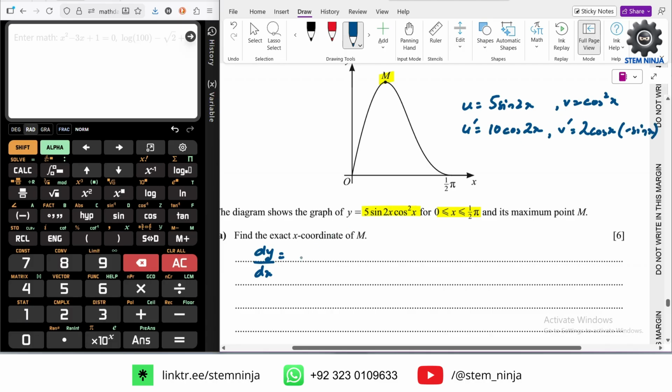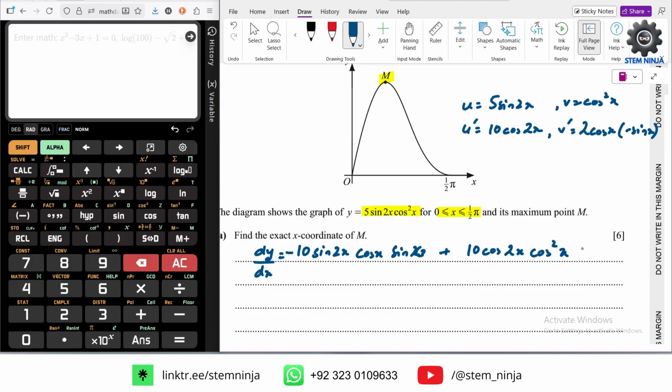Okay, so uv prime would be 5 times 2, 10 times sine 2x times minus cos x sine x, and plus 10 cos 2x cos squared x.